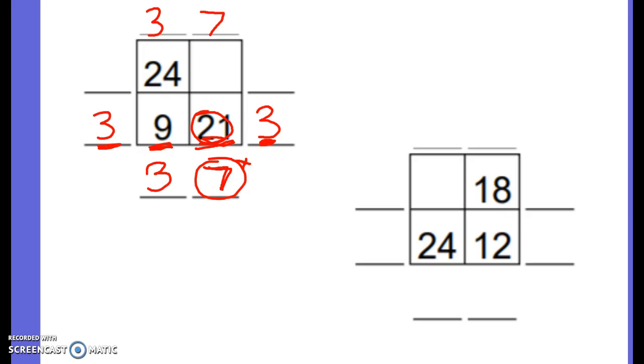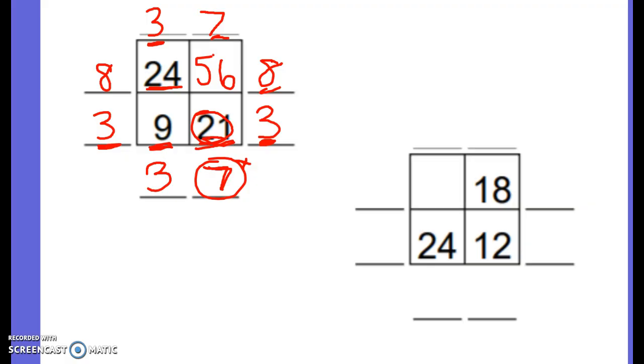Here I have to think, 3 times what number gives me 24? Well, 3 times 8 gives me 24. So I'm going to write 8 there, and I'm also going to write 8 here, because we always do that across. And then we have to think, what is 7 times 8? That number is 56.